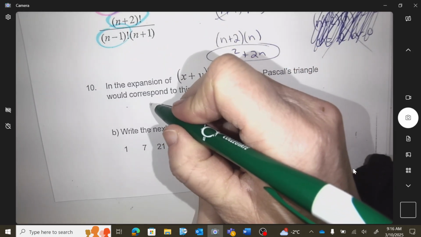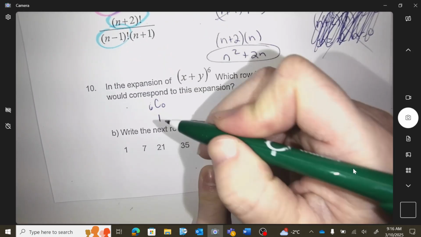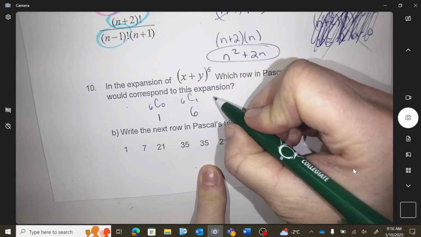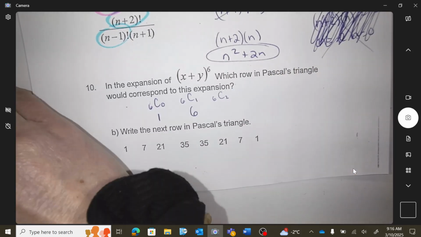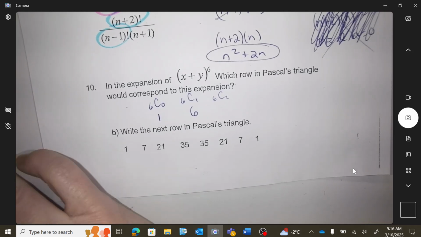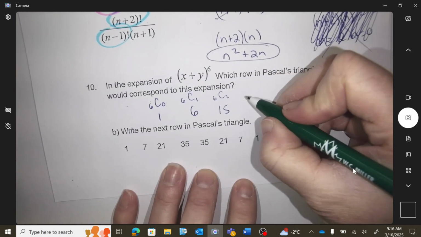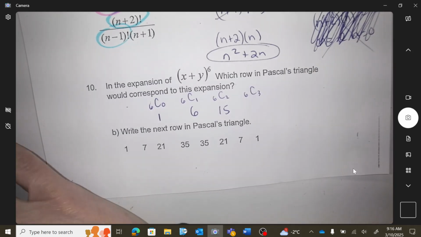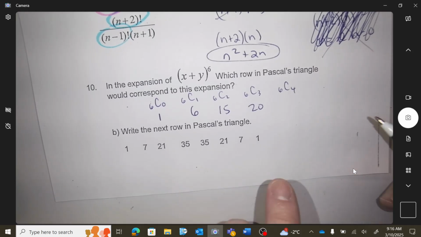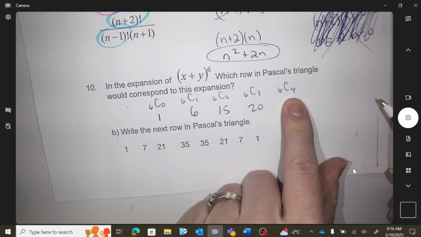It'd be 6 choose 0, which is 1. And then 6 choose 1, which is 6. 6 choose 2, 15. 6 choose 3, which is 20.